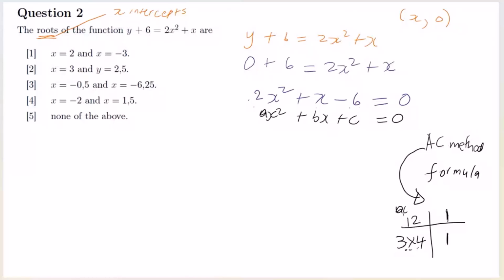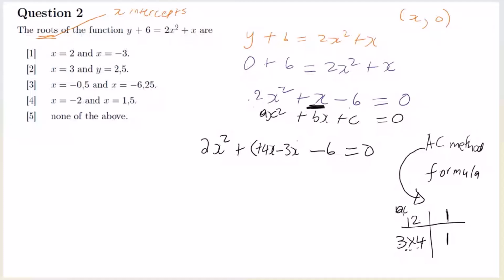So how you write those: I've got 2x squared, I've got minus 6 is equal to 0. I'm going to substitute these numbers there, so the middle term x becomes plus 4x minus 3x.